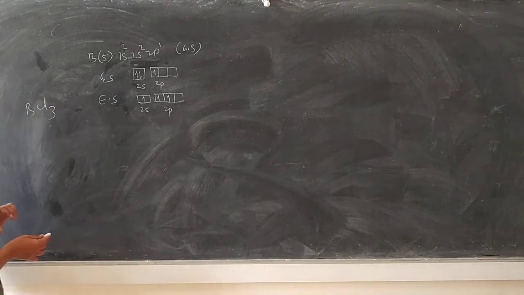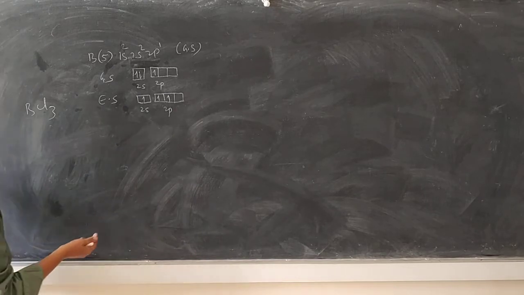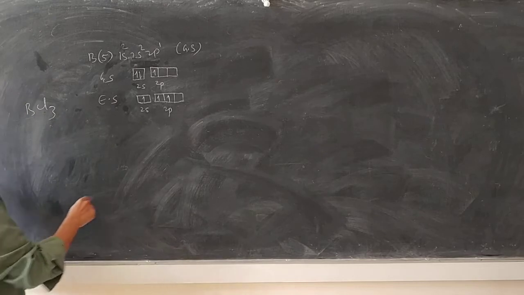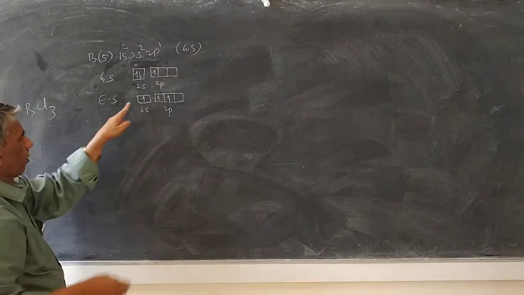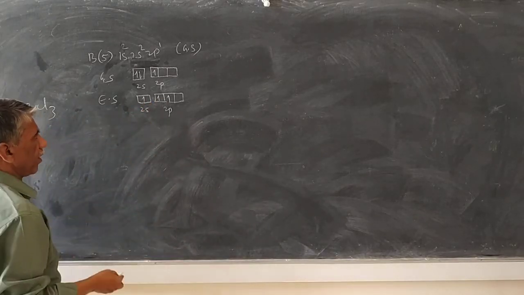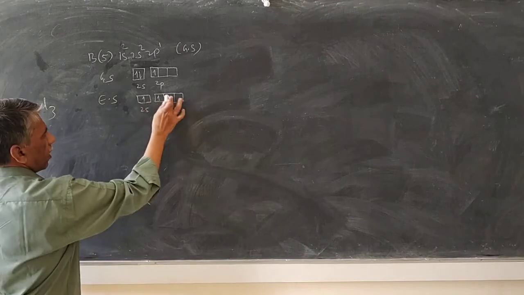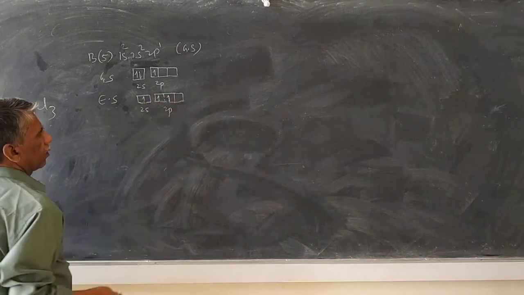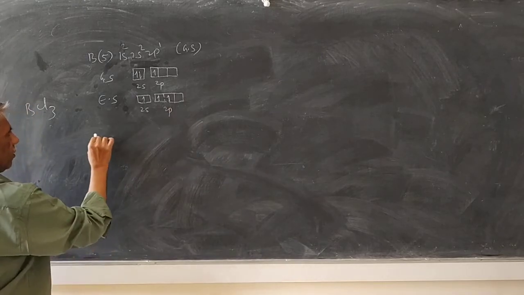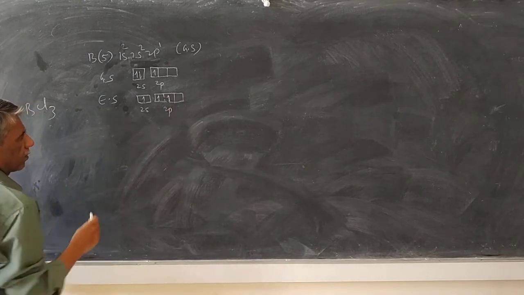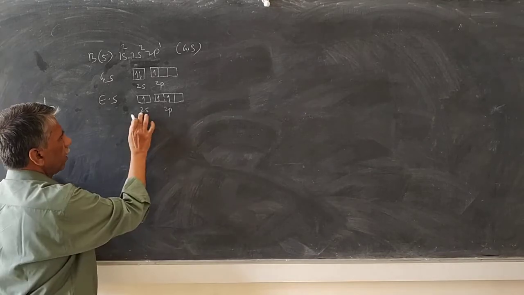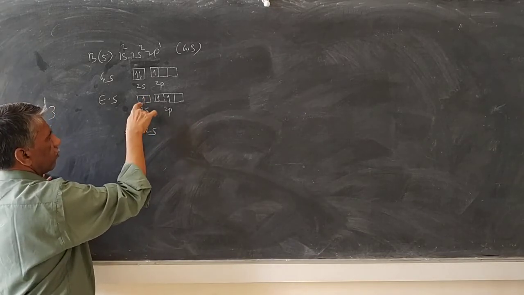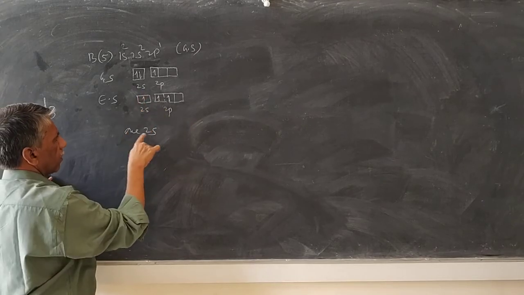But before combining with the electrons of Cl, these electrons of boron will undergo hybridization. These orbitals will undergo hybridization. So which orbitals are going to undergo hybridization? 1 2s orbital I have.